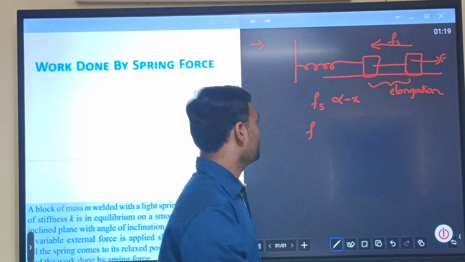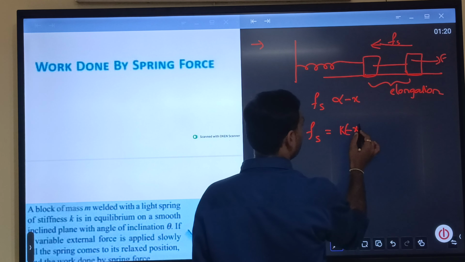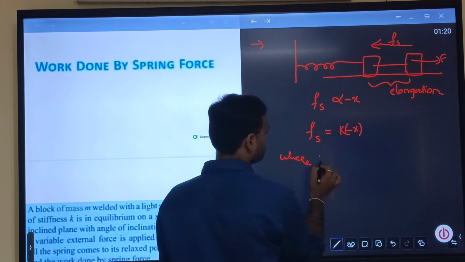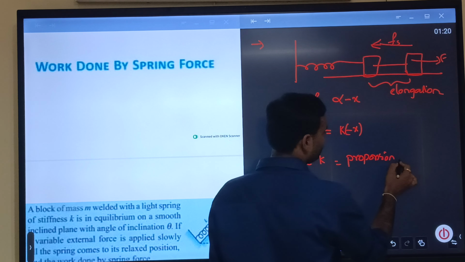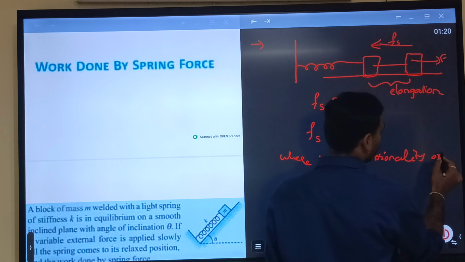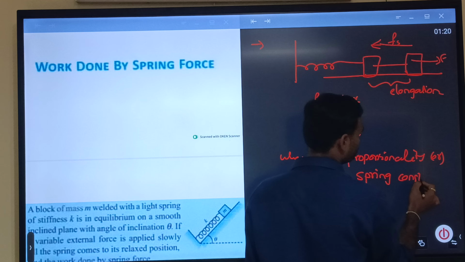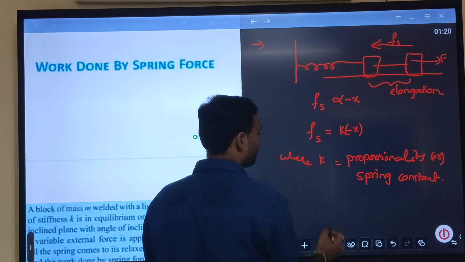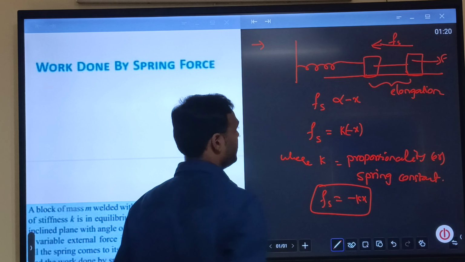That's why we need to represent it with the negative sign. And after that, Fs is equal to minus K x, where K is the proportionality constant or spring constant. So Fs is equal to minus Kx.